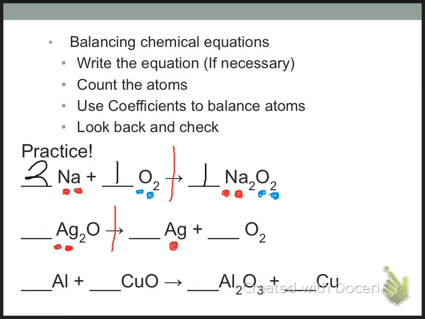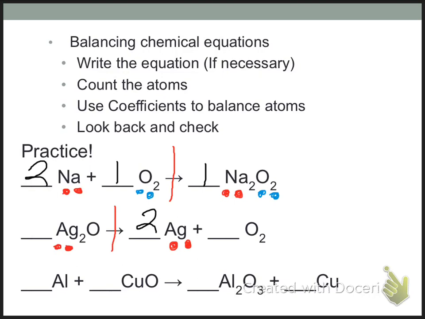Just like I did in the first one, I need to figure out how I can increase my 1. What can I multiply by 1 to get to 2? And I need to put a 2. So then I can have 2 silvers.